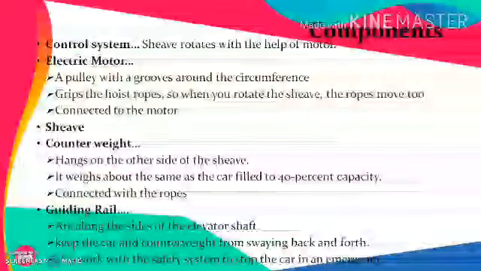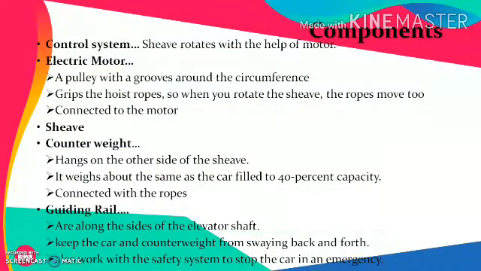The different components of such a system include the control system, electric motor, sheave, counterweight and guiding rail. The control system includes the sheave, which rotates with the help of the motor. The electric motor has a pulley with grooves around the circumference that grips the hoist rope, so when you rotate the sheave, the ropes move.